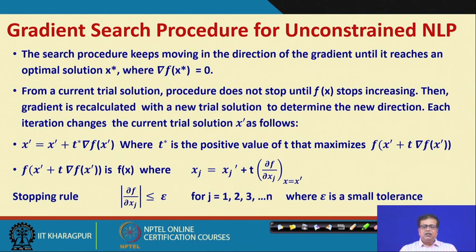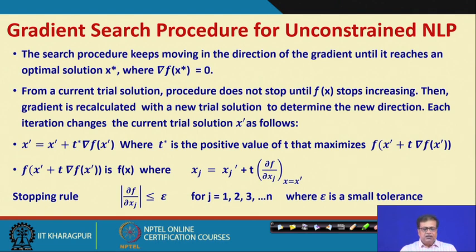The search procedure keeps moving in the direction of the gradient until it reaches an optimal solution x star, where the gradient equals 0, right. From a current trial solution, the procedure does not stop until f(x) stops increasing, right.